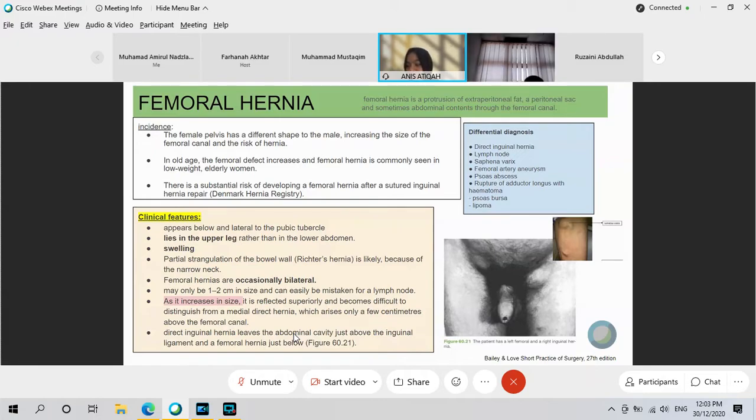Do any of you remember what kind of lymph node is in the femoral canal? Anyone want to try? Gland of Cloquet. Okay, thank you so much, Ainul. Yes, it's correct. I don't know how to pronounce Cloquet. It is a lymph node in the content of the femoral canal.